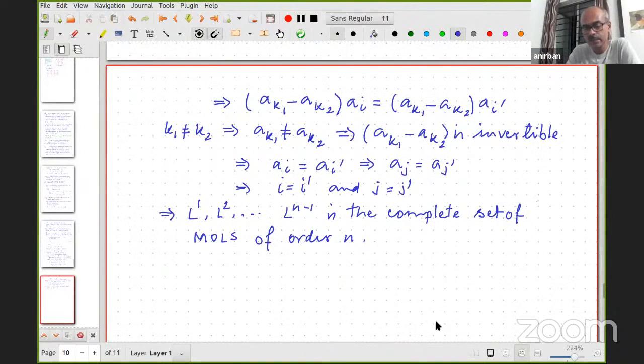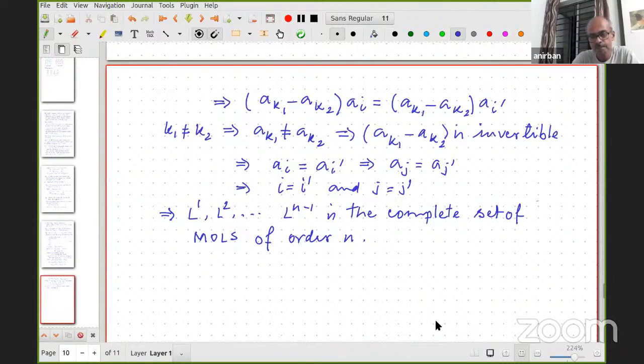And in the next lecture, we will see that this n has to be a power of a prime. The order of any finite field is a power of a prime, or given any power of a prime, you have a field of that order. So you can get this complete set of mutually orthogonal Latin squares of order n if n is a prime power.